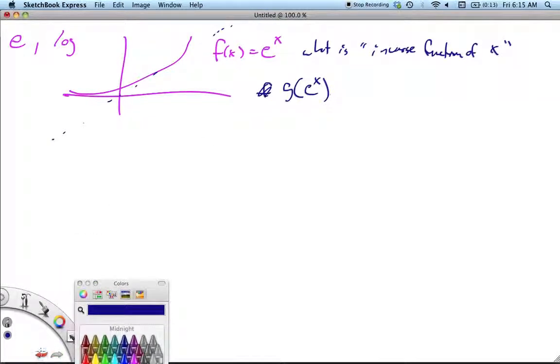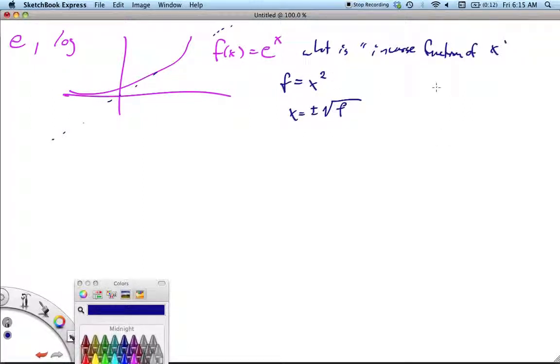I'm going to try something different. Maybe the thing to do is solve this for x. Let's say f was something simpler, let's say f was equal to x squared. Then we could say that x is equal to plus or minus the square root of f.